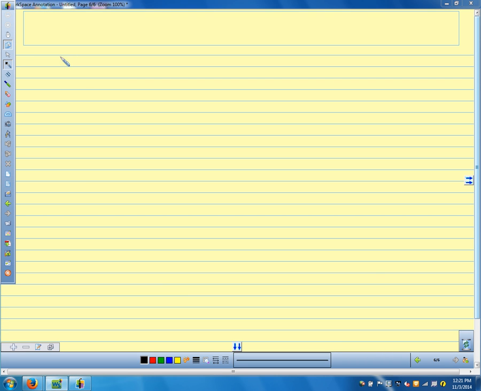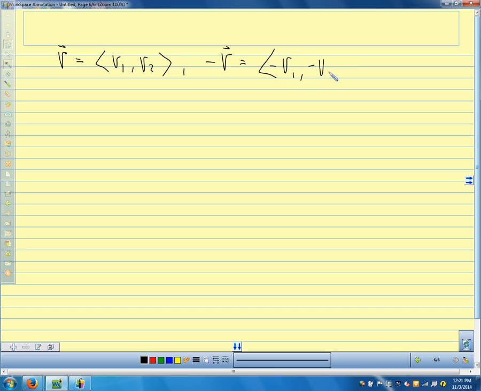Okay. So if we want to subtract, if we have v as the vector v1, v2, negative v is just the vector in the opposite direction, negative v1, negative v2.